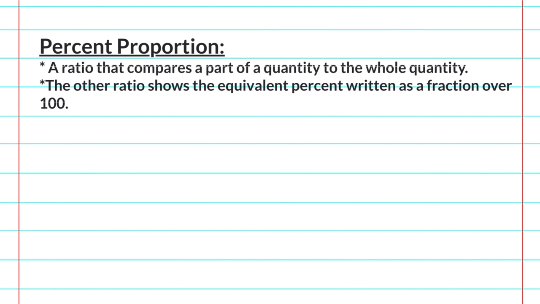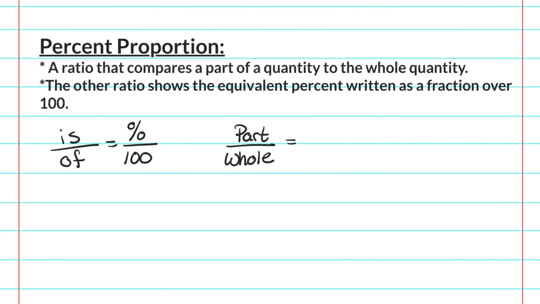You might see this as something is so much of another part, and that is going to equal the percentage over 100. Or you might see this written as part over whole, and that is also going to be a percentage over 100.